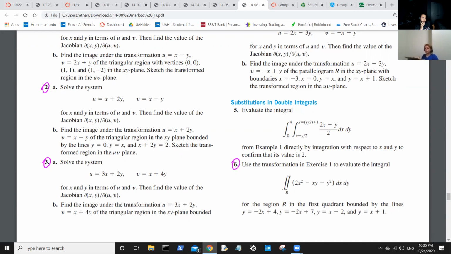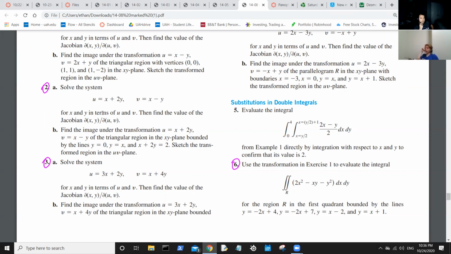Okay, then find the value of the Jacobian. So it first wants us to solve the system for x and y in terms of u and v. So it wants us to rewrite these formulas, I think, first. It gives us one for v, one for u. So we have to find x and y in terms of u and v.